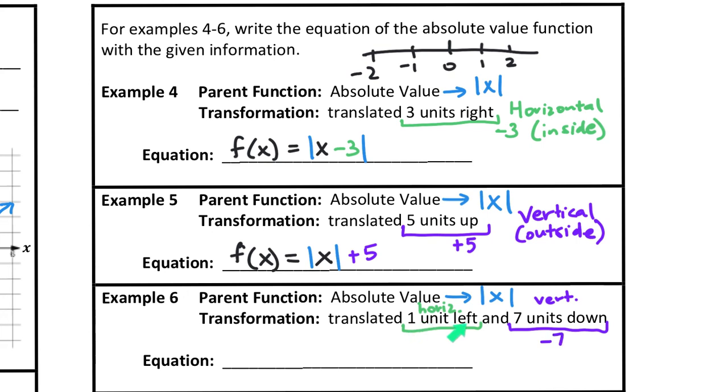And then 1 unit to the left, instead of thinking of a negative number, is actually going to be a positive number. So it's going to be +1. And so the equation is going to be f of x equals the absolute value of x, where the +1 is going to be inside and the -7 is going to be outside.